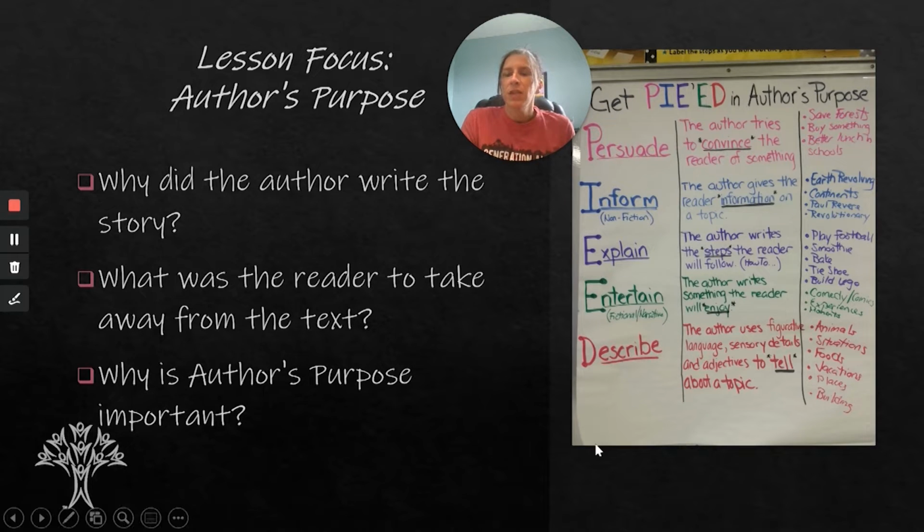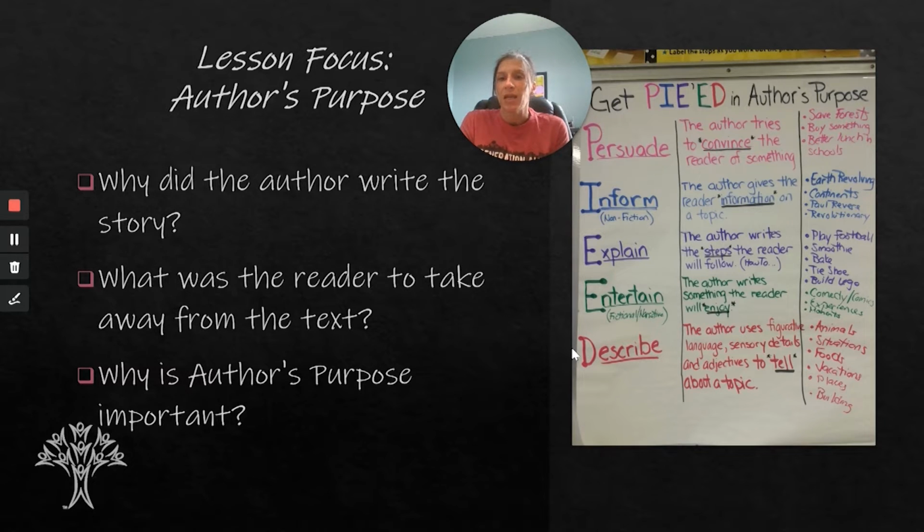So let's take a look at the different choices we have for author's purpose. Perhaps the author wanted to persuade us, or convince the reader of something. Maybe he or she wanted to just inform us. That's just providing information, but with no slant of whether they thought it was a good or bad idea. Explain is when the author provides different steps we can take to follow directions or to complete a task of some sort.